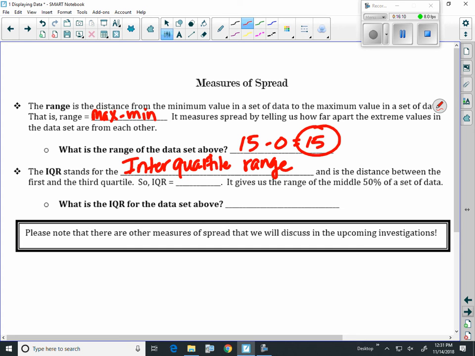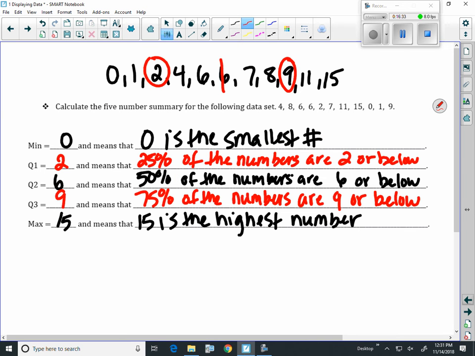So it's kind of like the range. If you do max minus min, here you do Q3 minus Q1. If we do the data set above, what's quartile 3? 9, right? 9 minus 2.